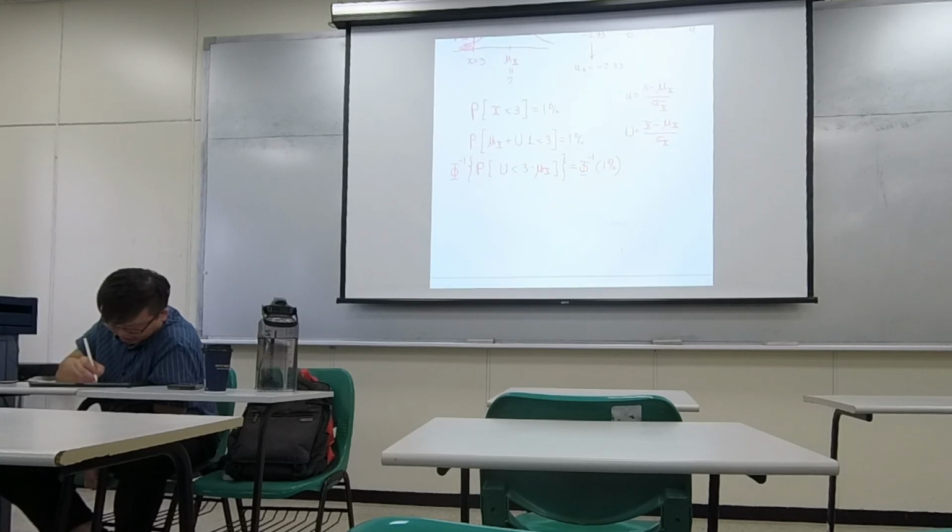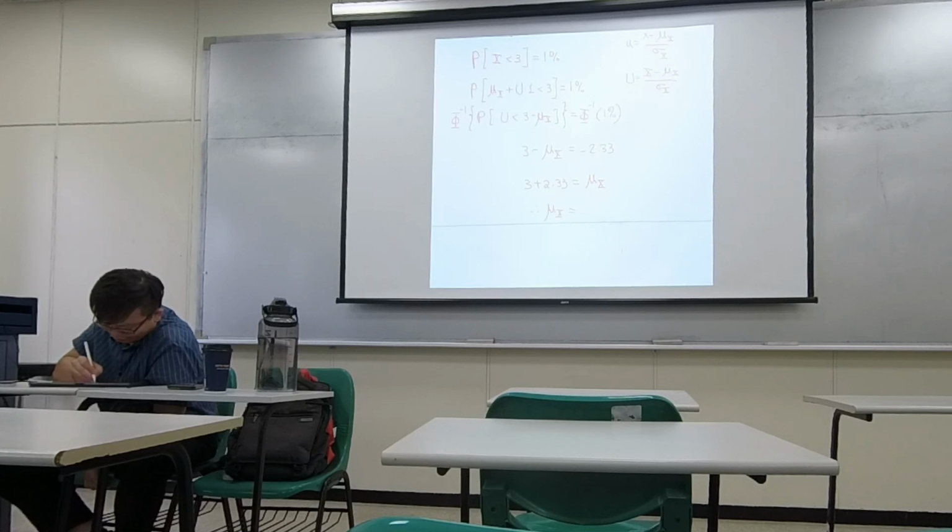And this conversion is negative 2.33 already. This should be 3 minus mu x. So mu x equals 3 plus 2.33. Finally, mu x equals 5.33.